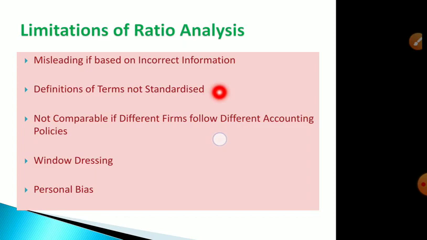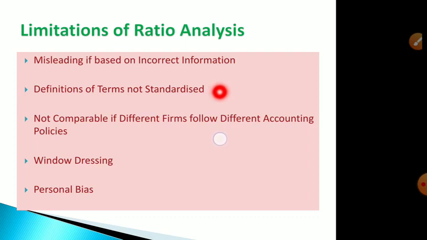When we are taking the elements or sub-elements from financial statements to find out the ratios, it is nowhere mentioned that all the firms should follow the same method of finding the ratios.